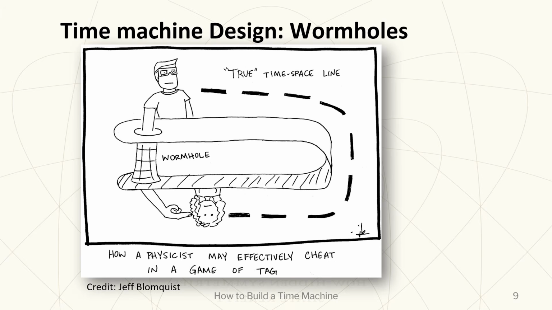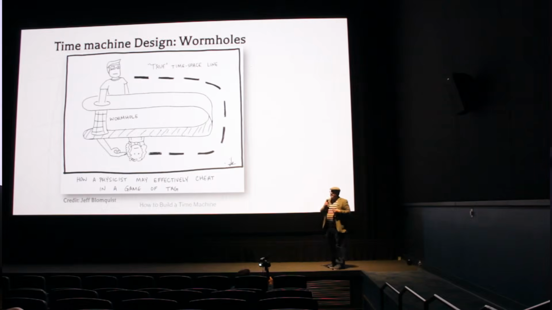This is something called a wormhole. And the idea of a wormhole is basically you create a shortcut through space. Near it, it looks a little like a black hole. Space gets bent. But basically you pop in one end and you come out the other.